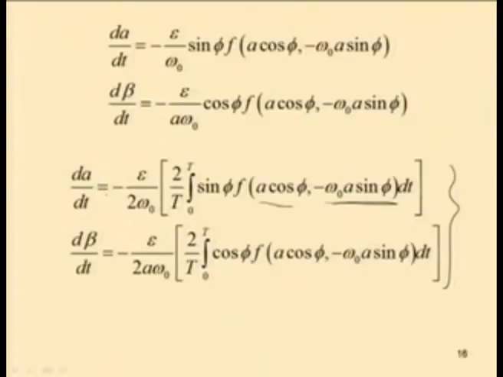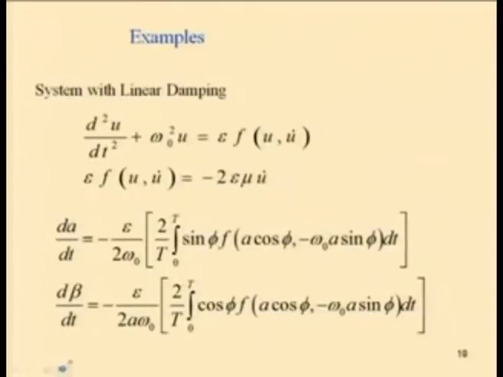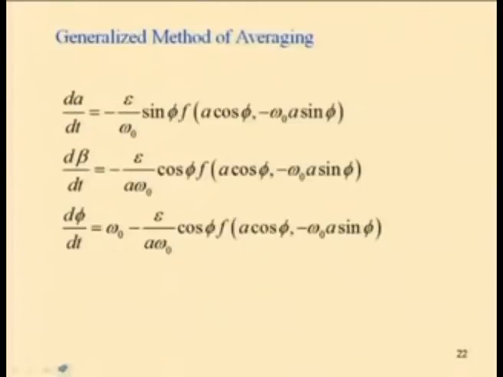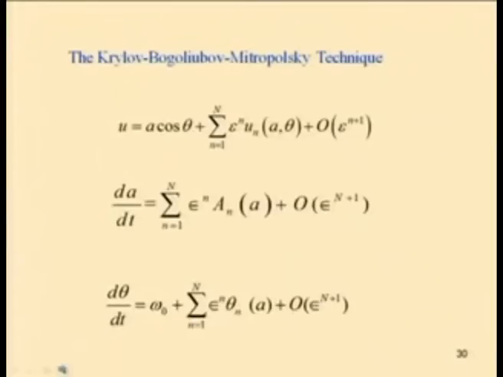So, this is the method of Krylov and Bogoliubov, but in the case of Krylov, Bogoliubov and Mitropolsky, there is a modification of this equation. Instead of using that integration, the solution can be assumed in this form. The solution can be assumed as a cos theta, where theta equal to omega 0 t.